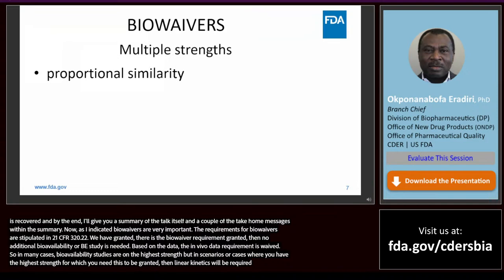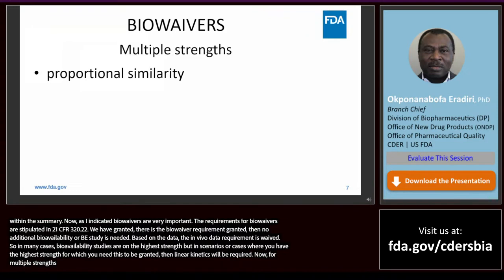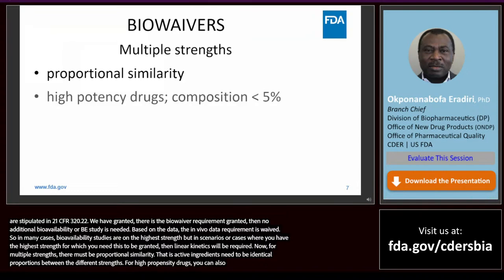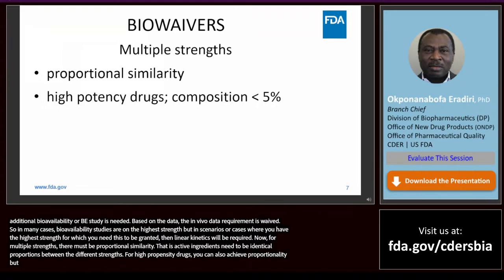Now, for multiple strengths, there must be proportional similarity, that is, all of the active and inactive ingredients are in identical proportions between the different strengths. For high potency drugs, you can also achieve proportionality, but I consider this to be some kind of a carve-out for high potency drugs.